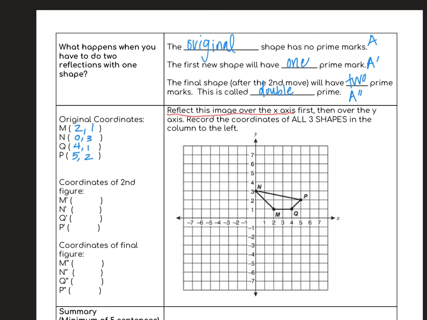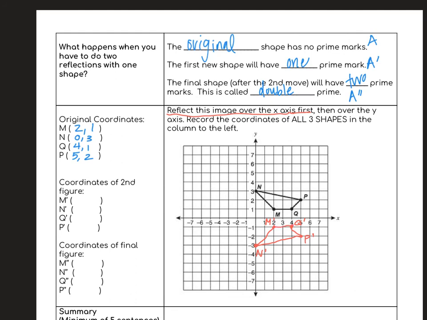So that's the first thing that we're going to do. I'm not going to read the rest of it. So if I reflect it over the x-axis, here is going to be my new M, my Q prime, my P prime, and my N prime. So I'm going to go ahead and connect the dots.